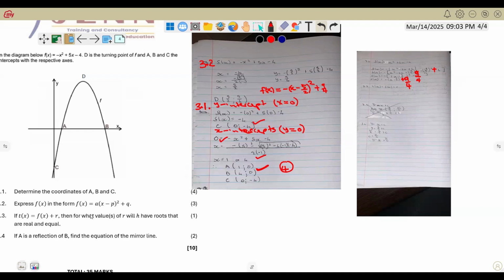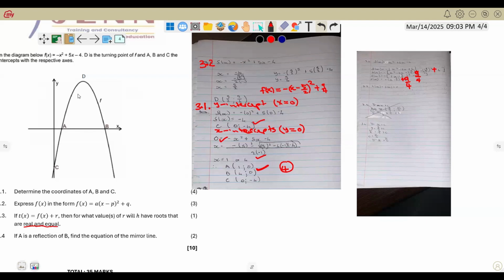If t(x) is equal to f(x) plus r, then what values of r will have roots that are real and equal? We are saying this graph we have is f(x).